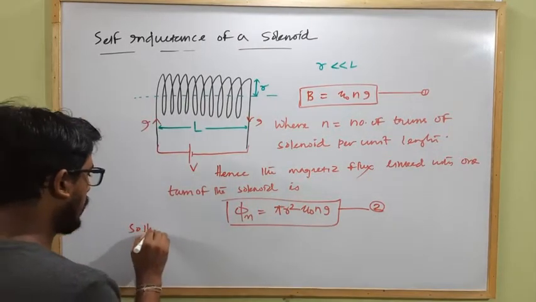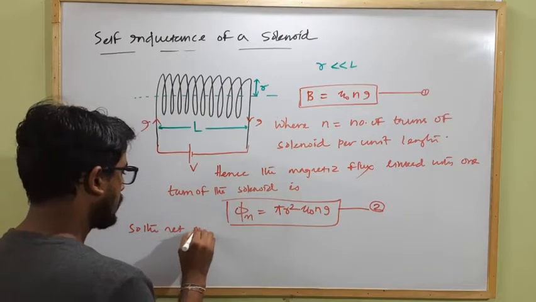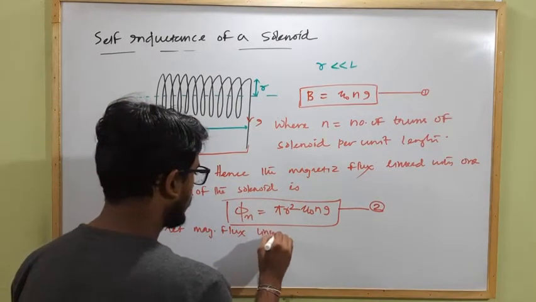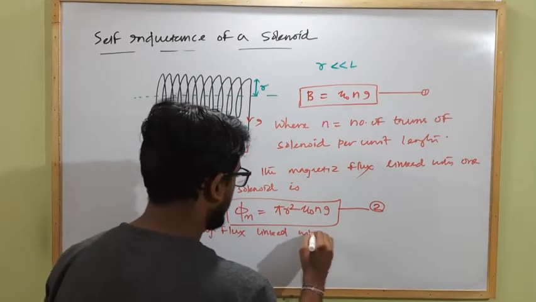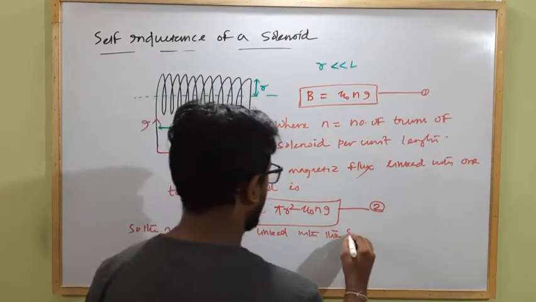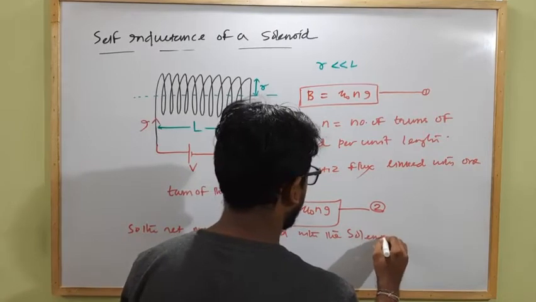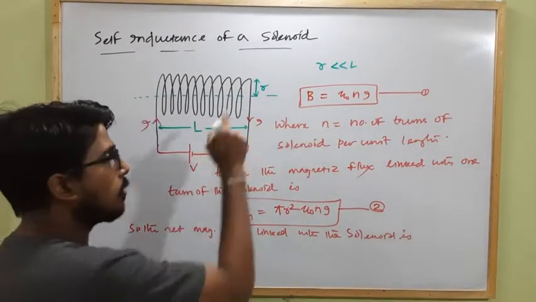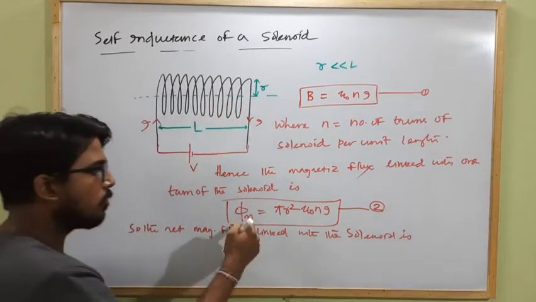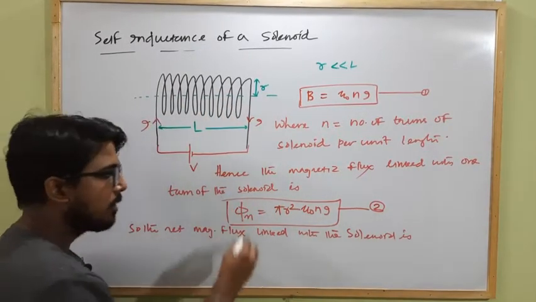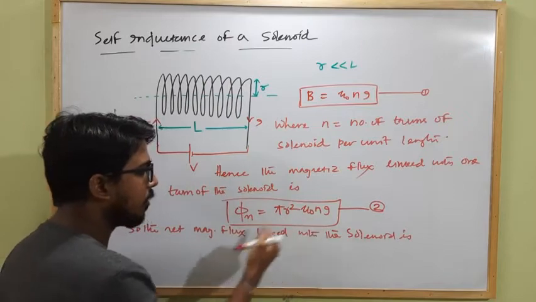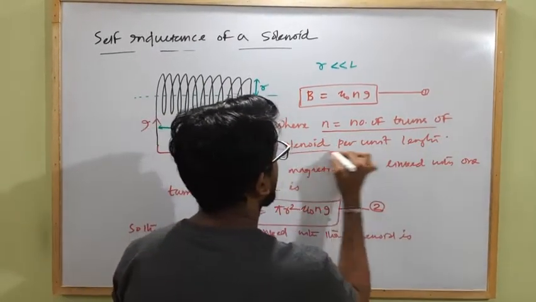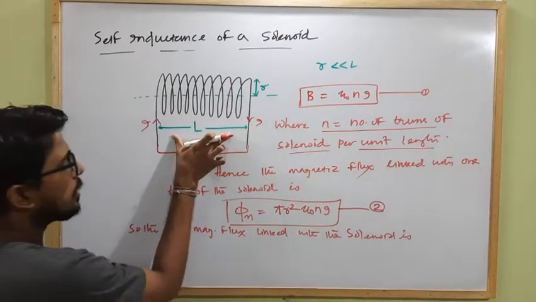So the net magnetic flux linked with the solenoid is the total number of turns of the solenoid into the flux linked with one turn. Here n is the number of turns per unit length and l is the length of the solenoid.